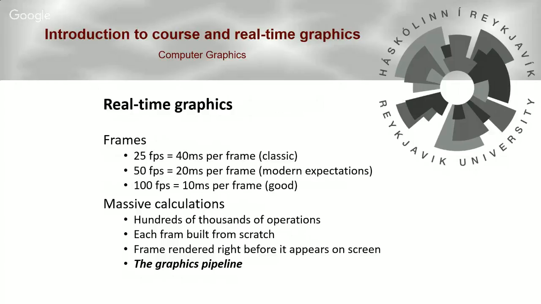Modern expectations for computer games are more like 50 frames per second at least, which means that we need to display on our screen a new full image 50 times each second, which means we have 20 milliseconds for each image that we're going to draw, because 20 milliseconds later, we're going to need a new image. And a lot of competitive computer games are set up in ways that you can get 100 frames per second or more, which means that you have 10 milliseconds to render the entire scene that you're looking at.